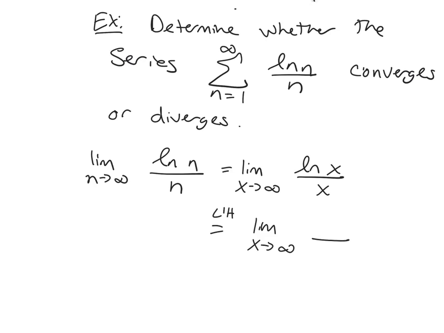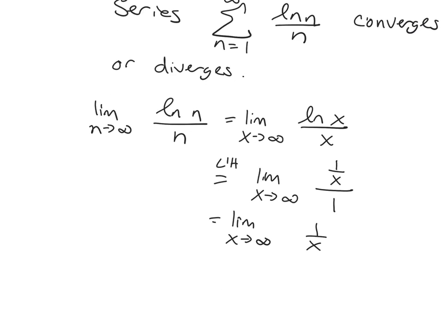So what's the derivative of ln of x? 1 over x, and the derivative of x is 1. So I'm really just looking at the limit as x goes to infinity of 1 over x. That's 0, right? What happens when I'm using the divergence test and I get 0?